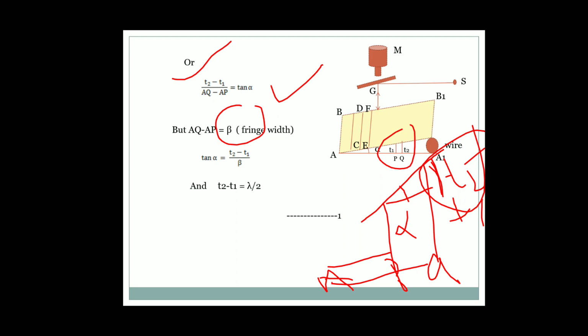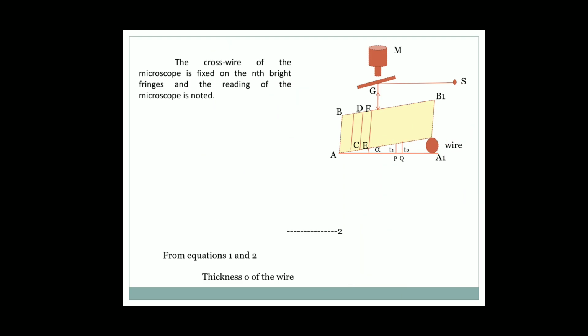And we know T2 minus T1 is equal to lambda by 2 from the previous slide. From this, tan alpha is equal to lambda by 2 beta. This is one equation we require to determine the diameter of the wire or maybe the angle of the wedge. And beta can be evaluated.